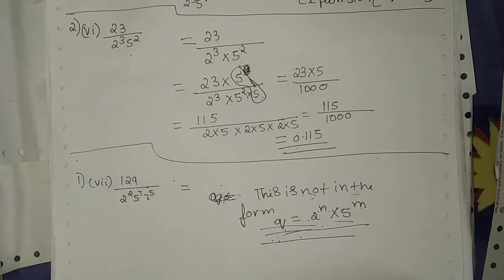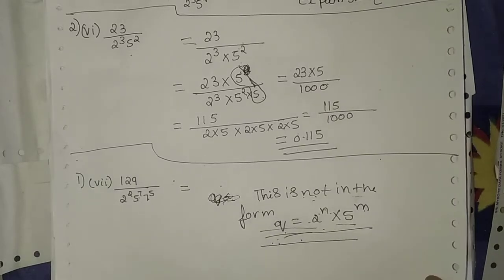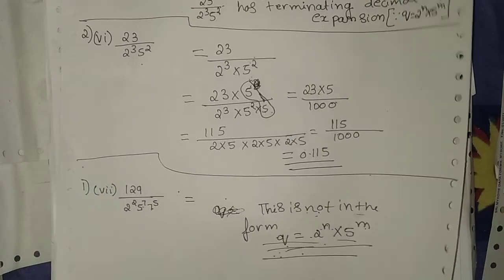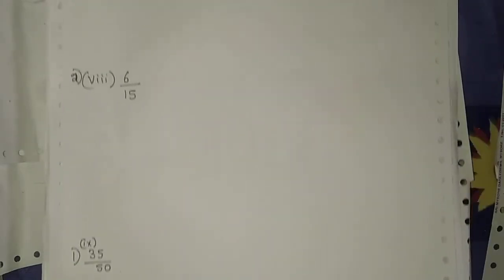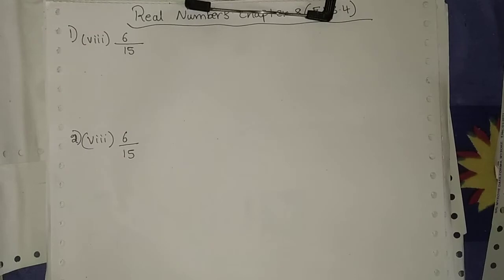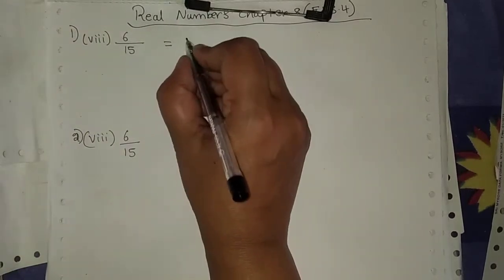Then we move on to the next question, the 8th problem. We finished the 7th one, we move on to the 8th one. The 8th problem given here is 6 by 15. So 6 by 15, we'll write the first question.